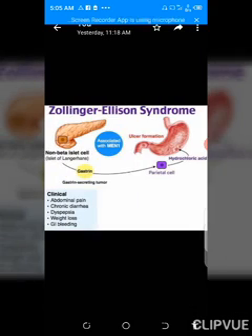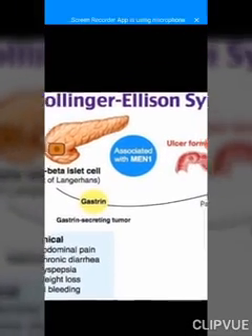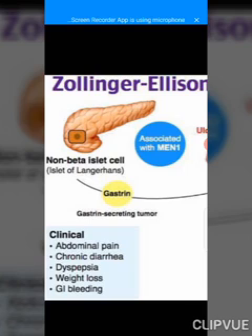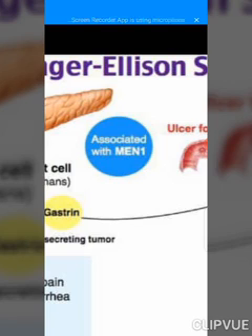Another thing you should always remember is that Zollinger-Ellison syndrome is actually sporadic in nature. The tumors, these non-beta cell islet tumors produced from the pancreas, are sporadic in nature. However, about 20 to 25% are familial, associated with what is called MEN1. MEN simply means multiple endocrine neoplasia, meaning many endocrine tumors are involved.